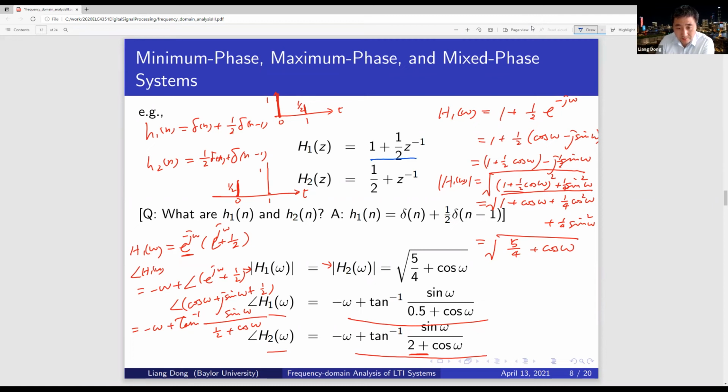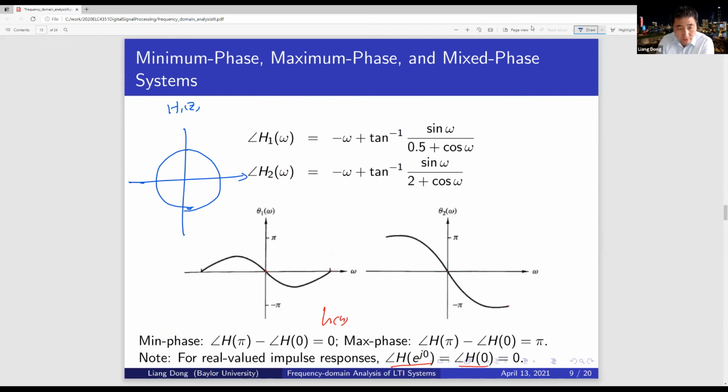For this system, H1, I have a zero at negative 1/2. For H2, I have a zero at negative 2. These are first order FIR systems. I only have one delay. So for H1(z), I have a zero here at negative 1/2.